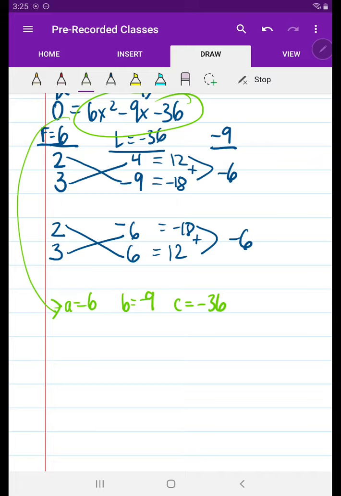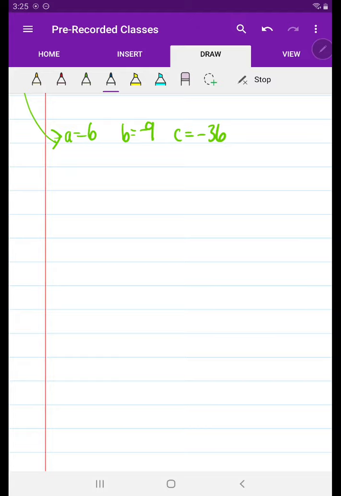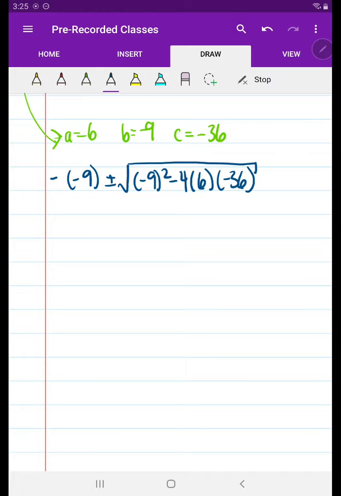And so if we plug those numbers in, we'll get negative 9 plus or minus the square root of b squared. So that'll be negative 9 squared minus 4 times 6 times negative 36, all over 2 times A, all over 2 times 6. So if we simplify that, we're going to have 9 plus or minus the square root of 81.